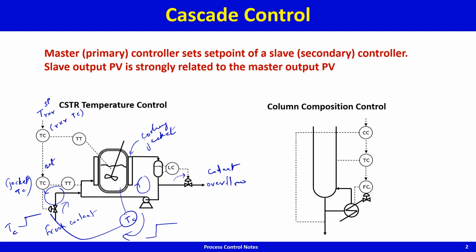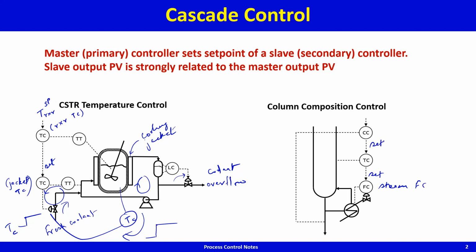You got the steam flow controller, and the steam flow controller set point is cascaded down by a temperature controller, which is controlling the temperature of a sensitive tray in the column, and the temperature set point is cascaded down by a composition controller, which is controlling the bottom product purity.